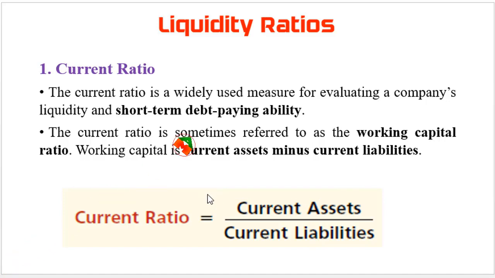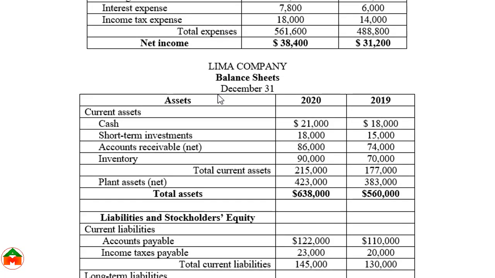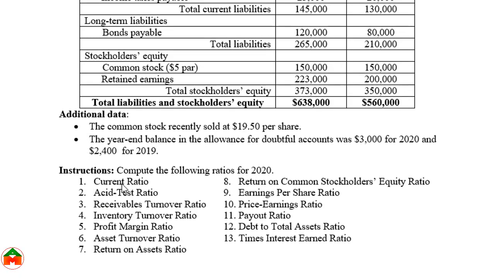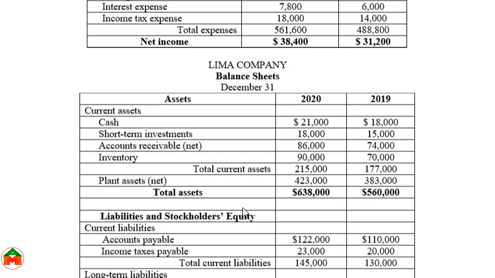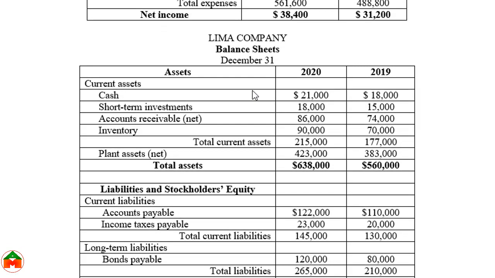Let's see a practical calculation from a practical problem. In this problem there is an income statement and a balance sheet, and there is some additional information and some instructions. From the instructions we can see we need to calculate the ratios. In the income statement we can see the net sales, expenses, and net income for 2 years.